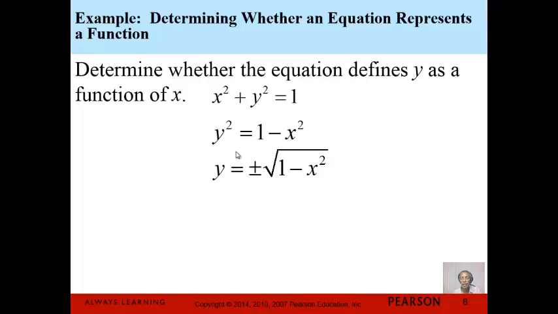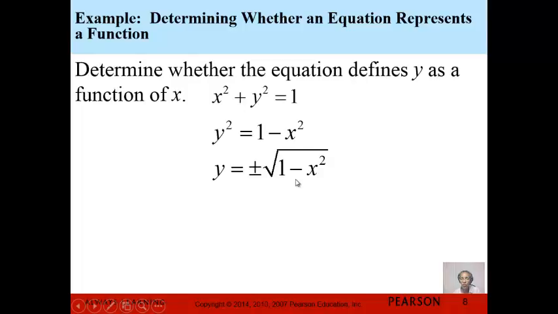So there are many x values. You just need one x value that corresponds to two y's, and the equation does not define y as a function of x. Well, if x is 0, y is not only the positive square root of 1, which is positive 1, it's also the negative square root of 1, which is negative 1.